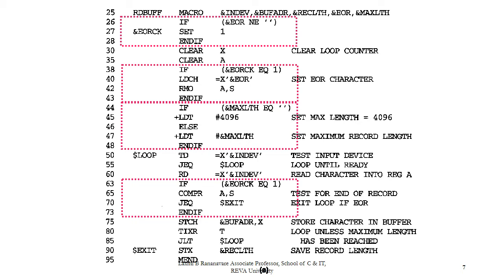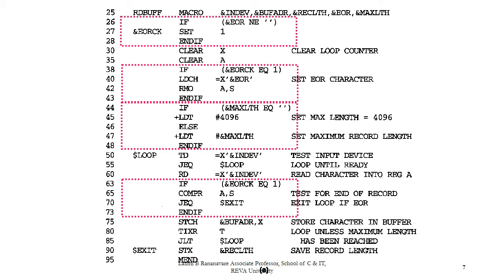If not, if the A value is different from the S register's value, then you have to store that character into the location buffer address plus the contents of the index register, and then we are going to increment the contents of the index register by 1 and compare with the T register, which is done by TIXR.